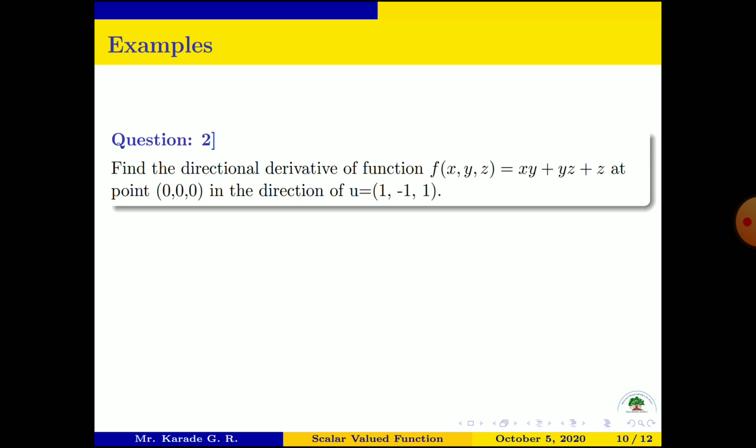Second problem is: find the directional derivative of function f of x, y, z.